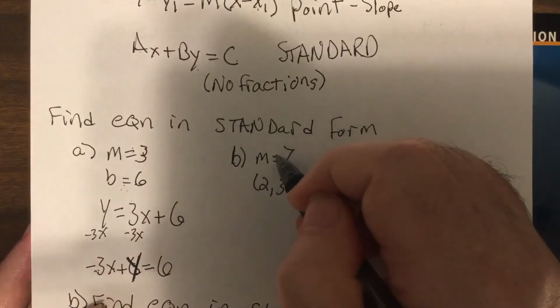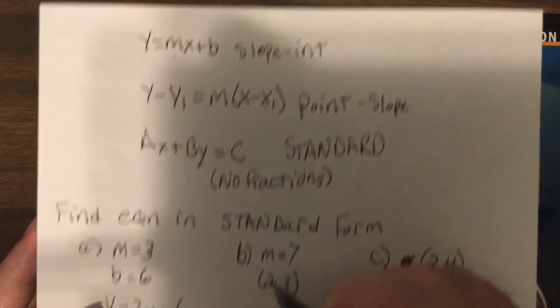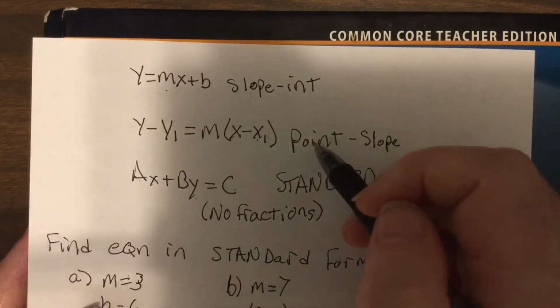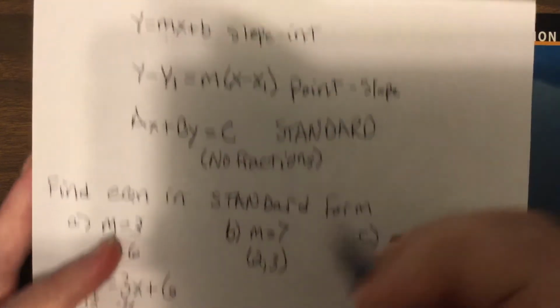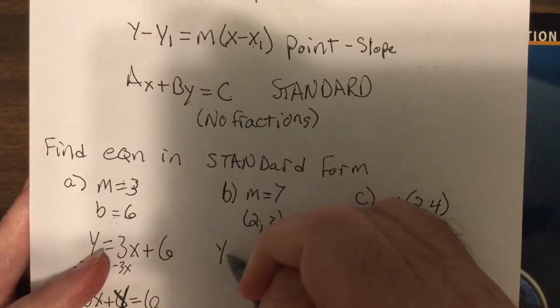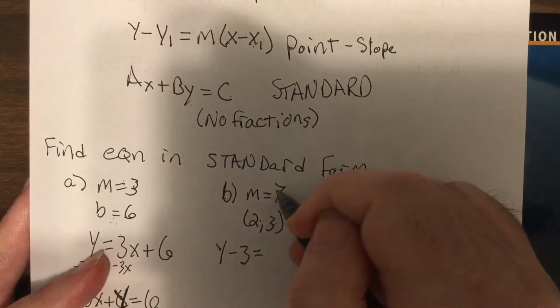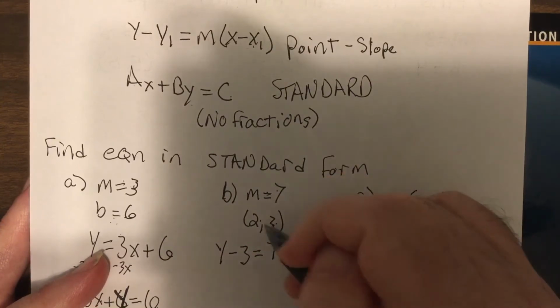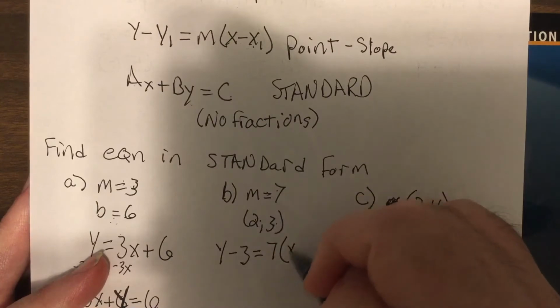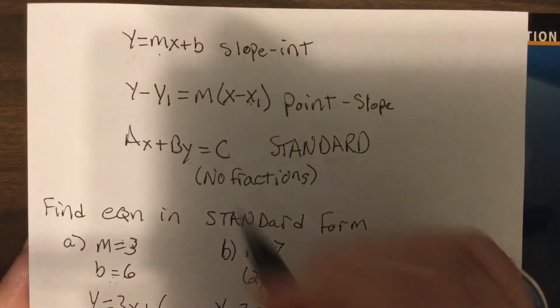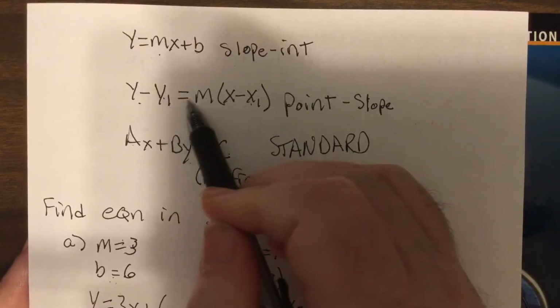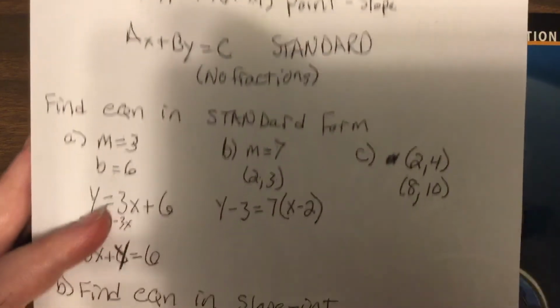Now this one, you're given a slope and a point. So what formula do I start with? Well, point slope, which is y minus the y number, which in this case is 3, equals the slope, x minus the x number.